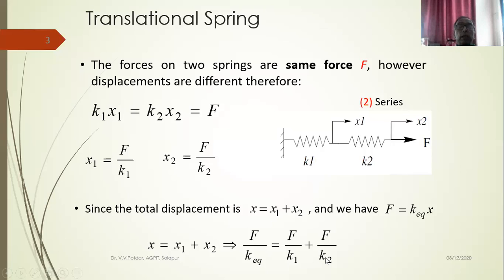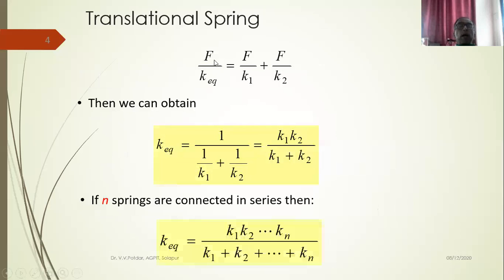Let's go further. So F upon K equivalent is equal to F upon K1 plus F upon K2. F being common, we can take out F from both sides and these get cancelled. Once F is removed, 1 upon K equivalent is equal to 1 upon K1 plus 1 upon K2.